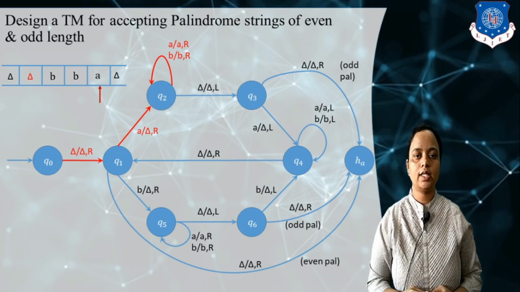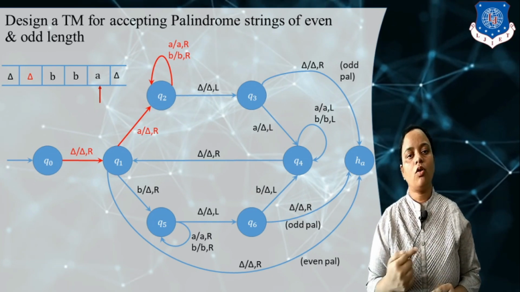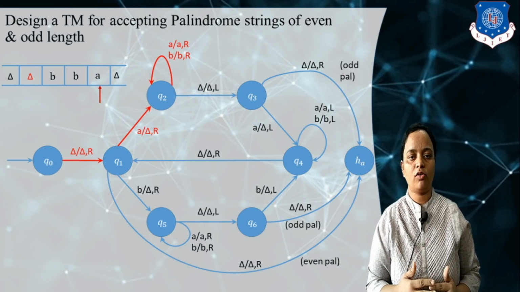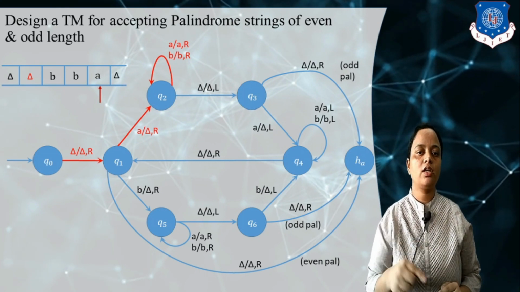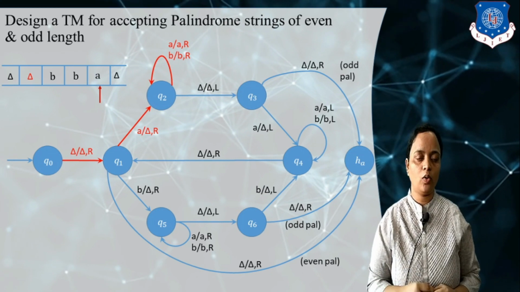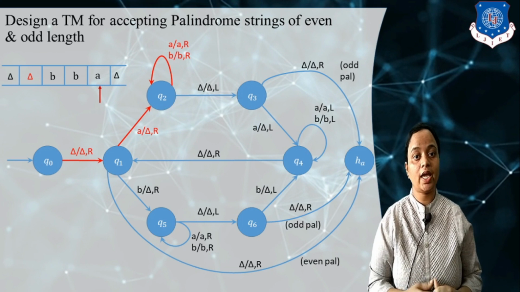Here you can see that we are skipping symbols zero or more times. There may or may not be any, and that's why we are using the self loop. Okay. Now again we are reading the symbol a, which is replaced by a, and we move to the right.